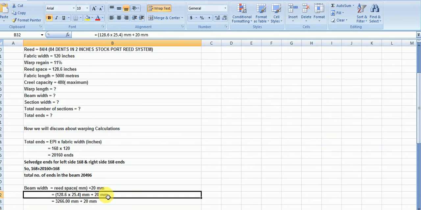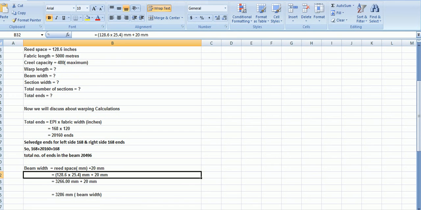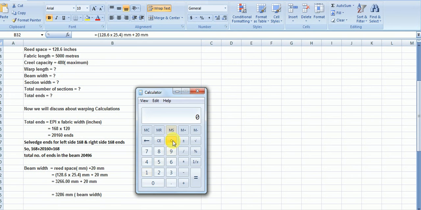So here you can see, I just calculated for your confirmation: 128.6 inches reed space multiplied by 2.54. Okay, this will be 3266 centimeters.